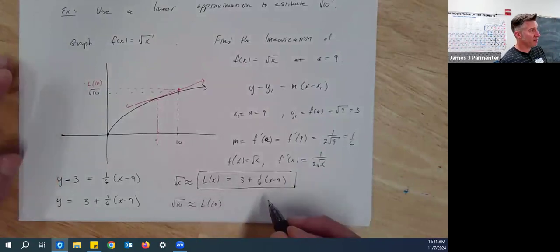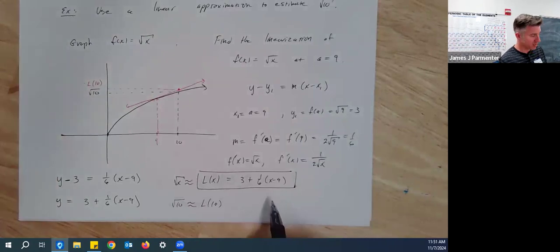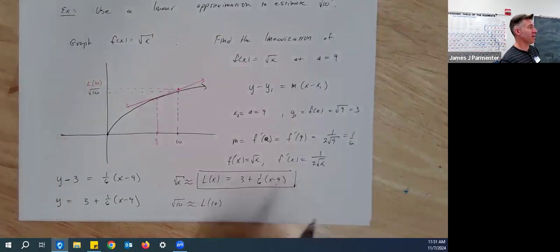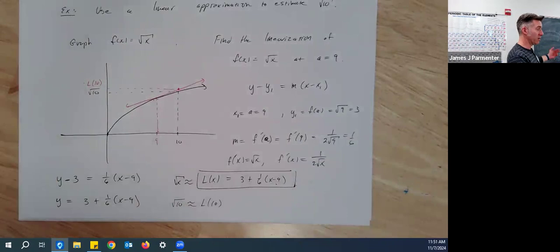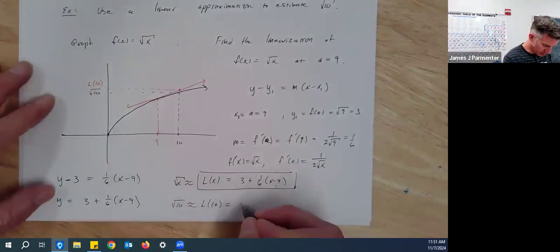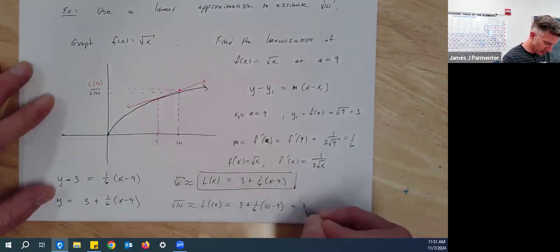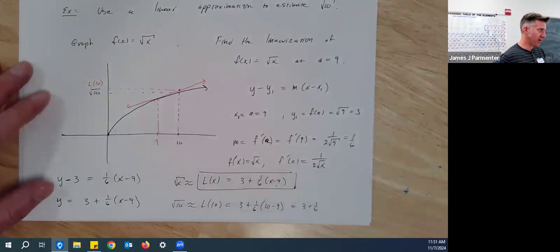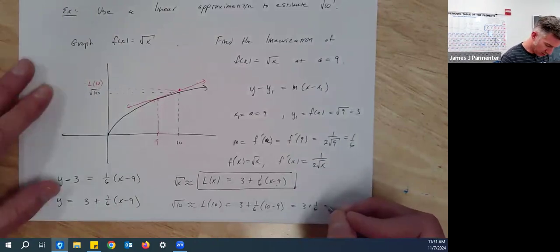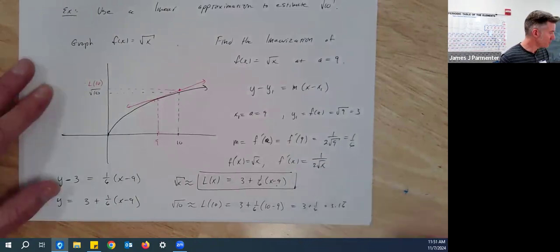And by the way, this is why we don't simplify this. It's much easier to plug in 10 here than into a simplified version where you have to do more calculation. Here I can just say it's 3 plus 1/6 times 10 minus 9, which is just 3 plus 1/6. Or if you like decimals, 3.16 forever.